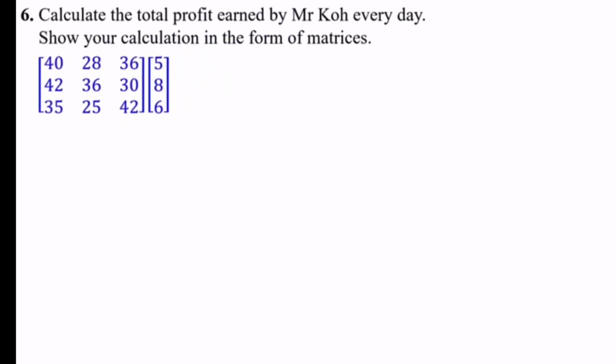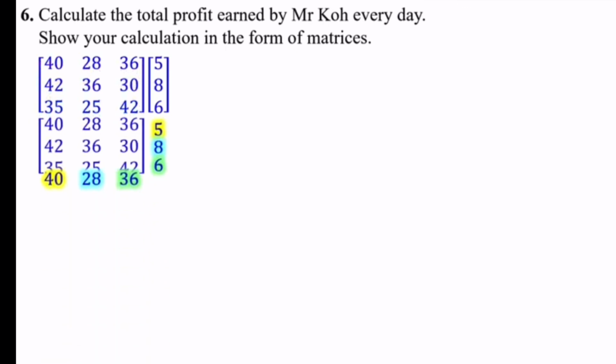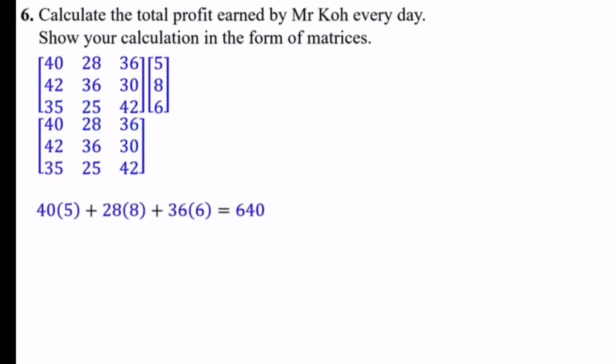So let's convert the table into a matrix with the order 3 by 3 with the respective price. Now we are going to multiply the two matrices, so that we can find the total profit earned by Mr. Cole every day. So we will get 40 times 5 plus 28 times 8 plus 36 times 6, which is 640.